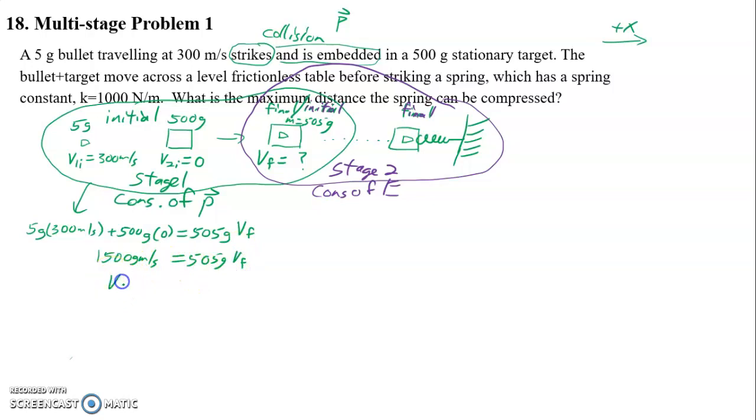Divide both sides by 505 grams, and we get a final velocity, and this is a vector. The final velocity is 2.97 meters per second. It's a positive value, which means it's moving to the right. This is our initial velocity for stage 2.